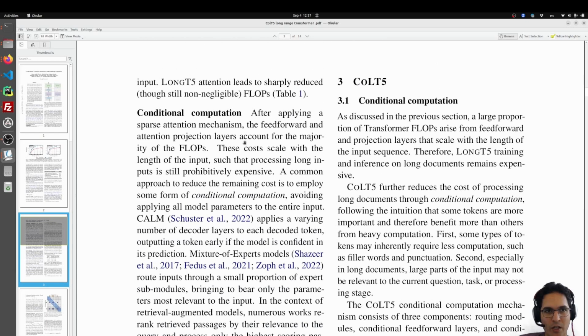Then they talk about conditional computation. One way is mixture of experts. For example, mixture of experts routes input through a small portion of expert submodules, bringing to bear only the parameters most relevant to the input. So you have multiple experts.